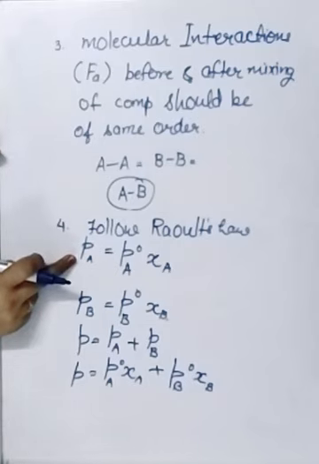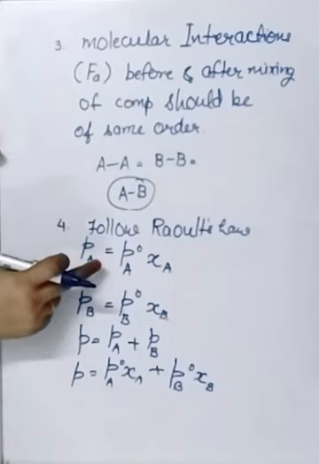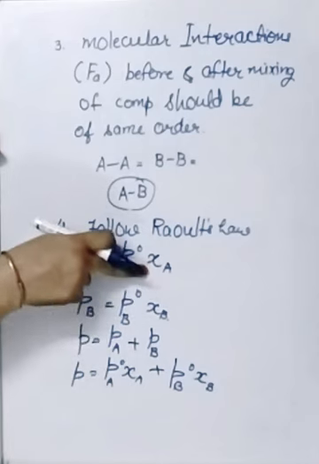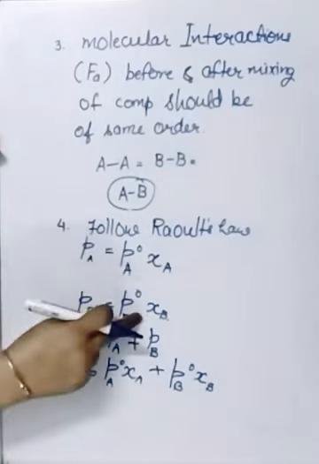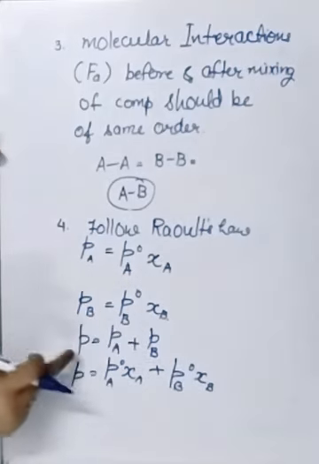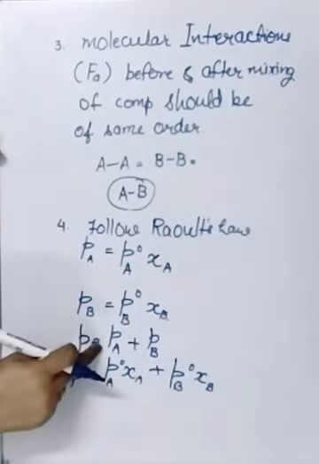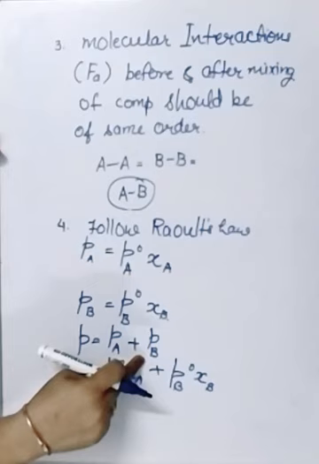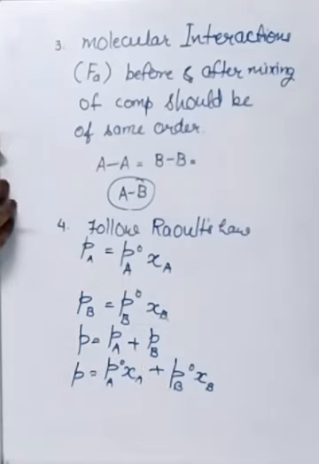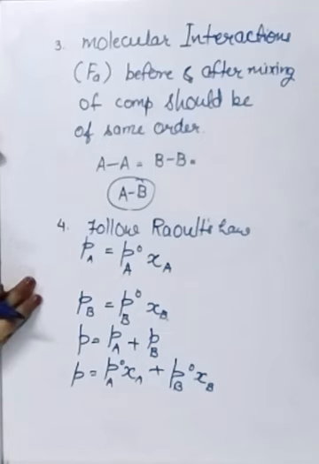Partial vapor pressure of component A in the solution should be directly proportional to XA. Partial vapor pressure of component B should be directly proportional to XB. Vapor pressure of the solution should be the sum of the partial vapor pressure of component A and the partial vapor pressure of component B. If all these four characteristics are followed, then such a solution is ideal.